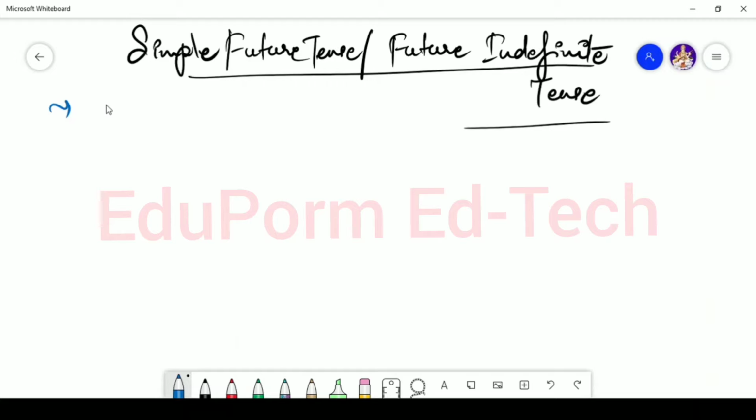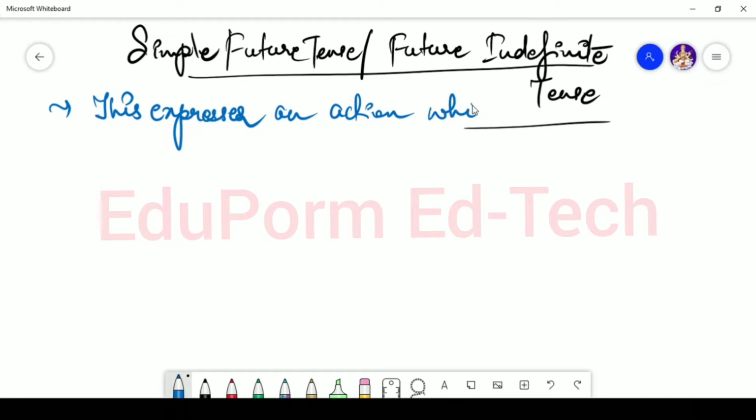Now this tense basically expresses an action which will occur in future. Okay, simple future tense is used when you're talking about any action which will occur in future.